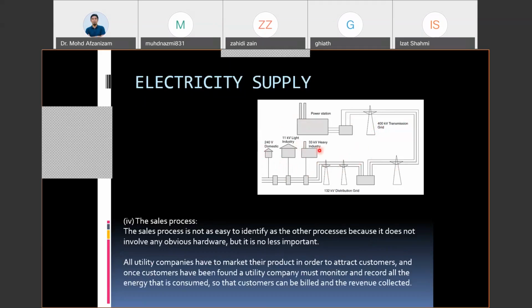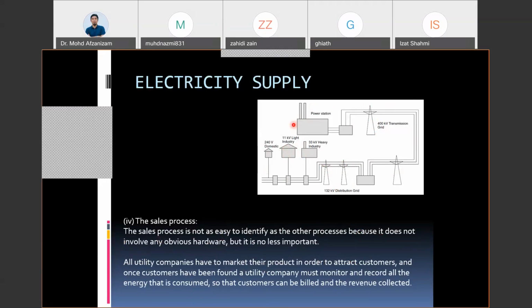Okay. And this process is not easy to identify. It does not involve any obvious hardware, but it's not that important. All utility companies have to market their product in order to attract customers. So after all the processes of generating and distributing the energy throughout the transmission grid and the distributor, and also to the user, then comes the sell process.